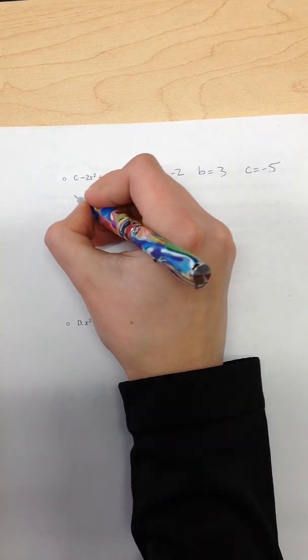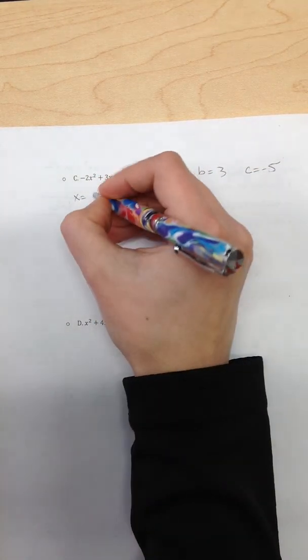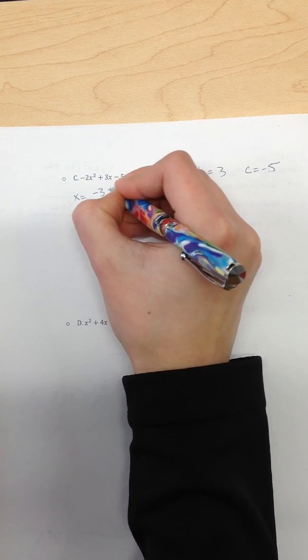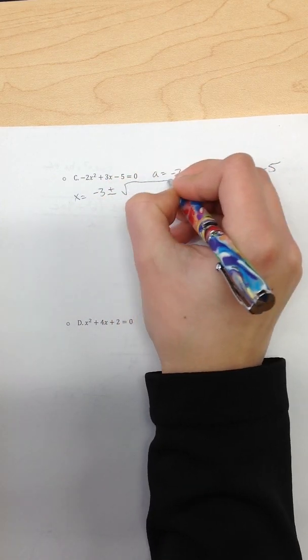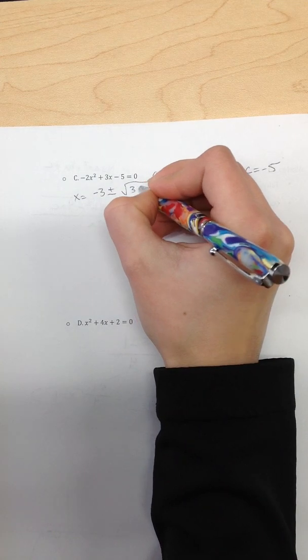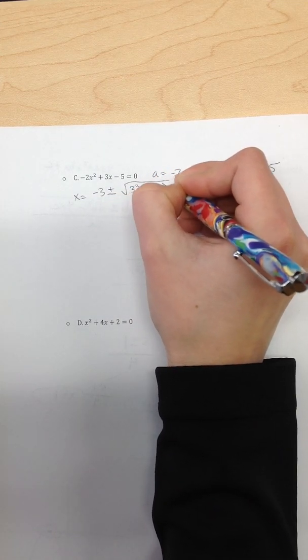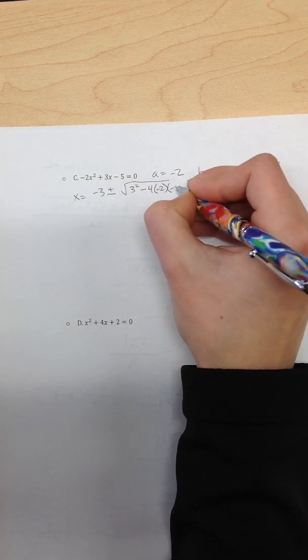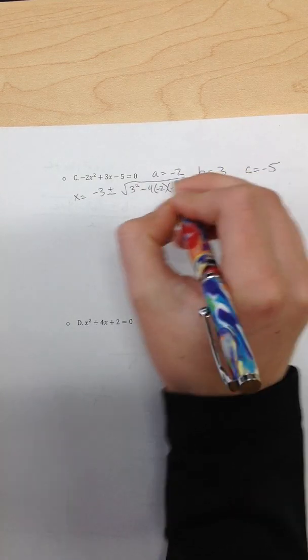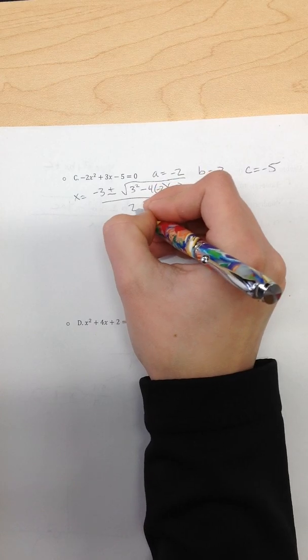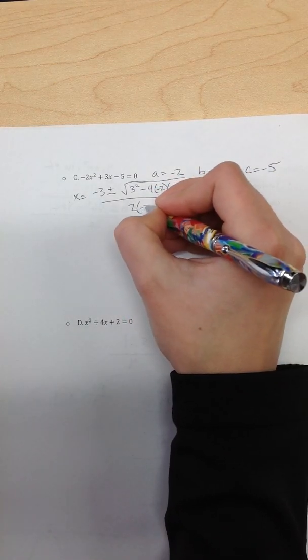Then we plug into our formula or our equation. So we would go x is equal to -b, so -3 plus or minus square root of our b squared, so 3 squared minus 4 times our a value, which is -2, times our c value, which is -5, over 2 times our a value, which is -2.